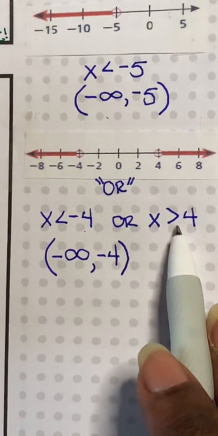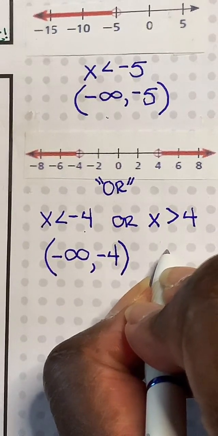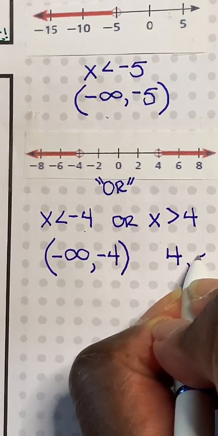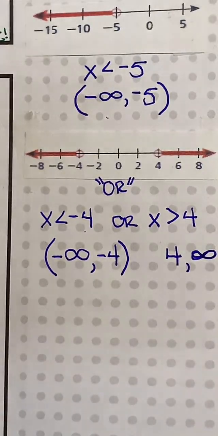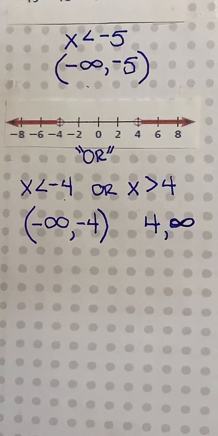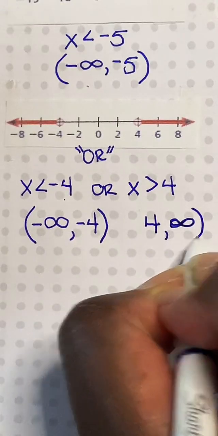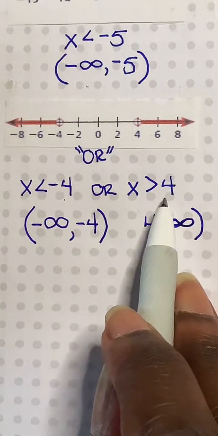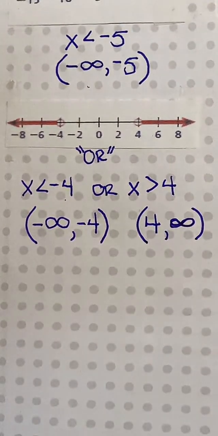So for x is greater than 4, that means 4 is my lowest number and positive infinity is my highest number. A parenthesis always goes with our infinity symbol. And since we're not including the 4, that's also a parenthesis.